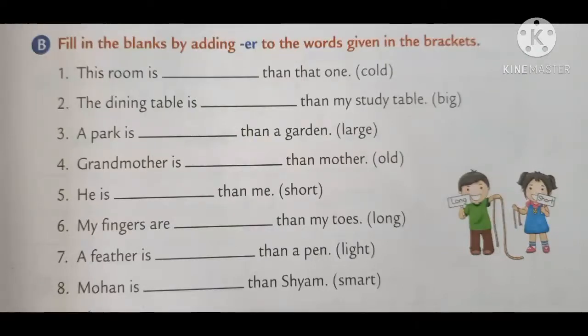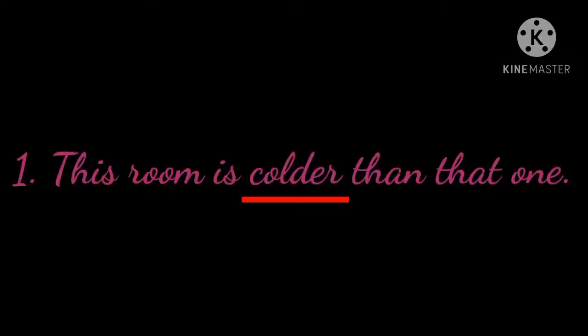What will come, children? Colder. See in the bracket, cold is given. So you will add er. It will become colder. So the answer for the first one is this room is colder than that one.